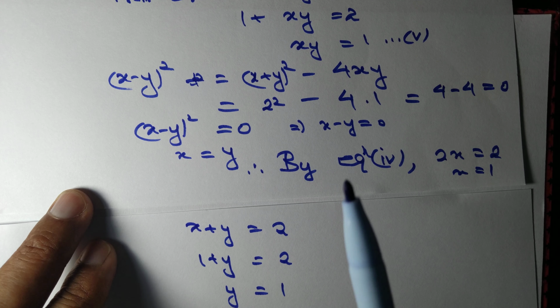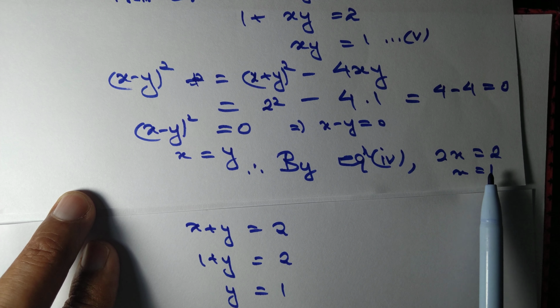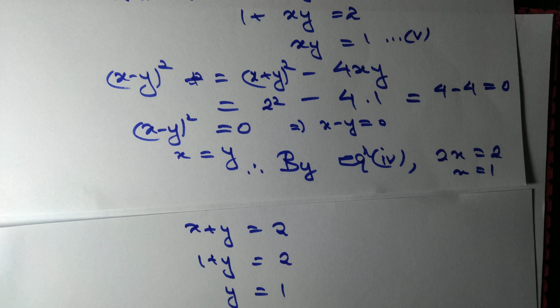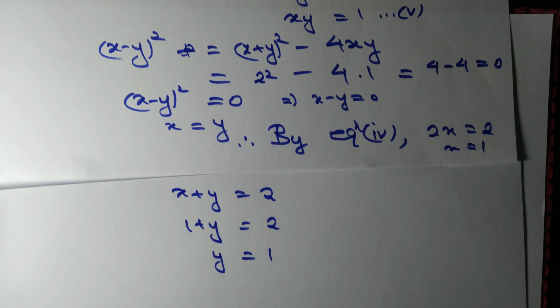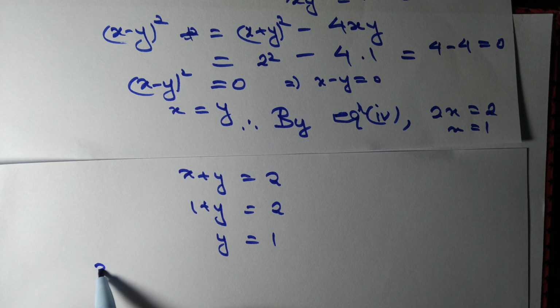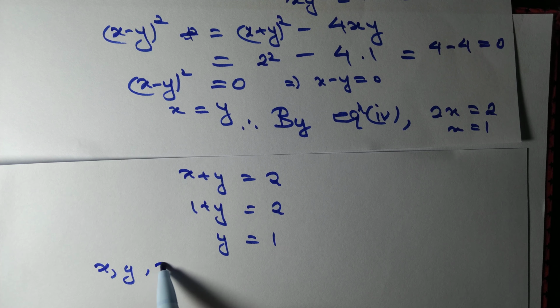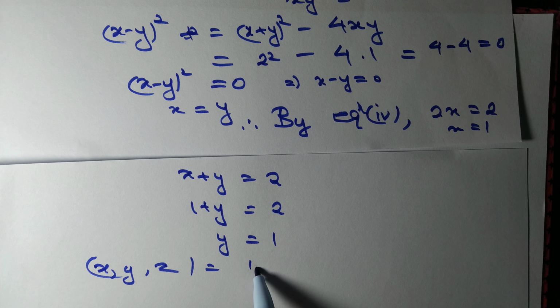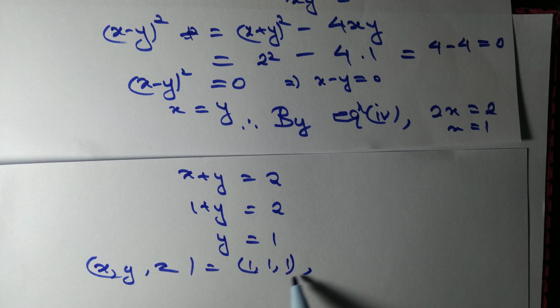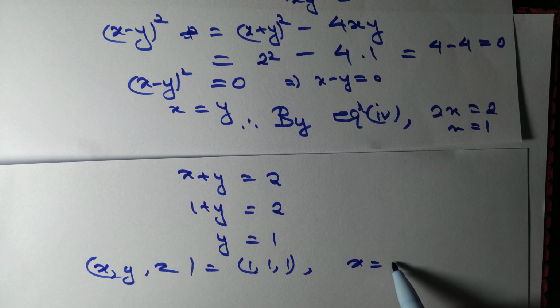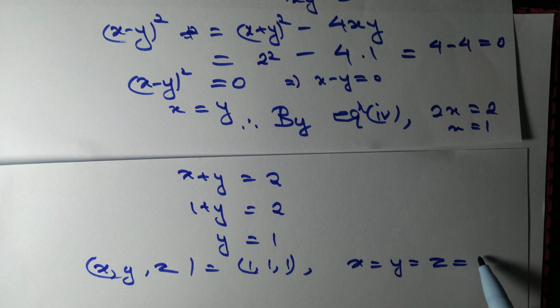So when z equal to 1, x equal to 1 and y equal to 1. In this case, we got a unique solution. x, y, z equal to 1, 1, 1, or simply we can write x equal to y equal to z equal to 1.